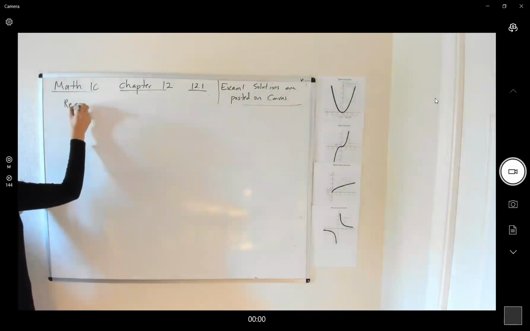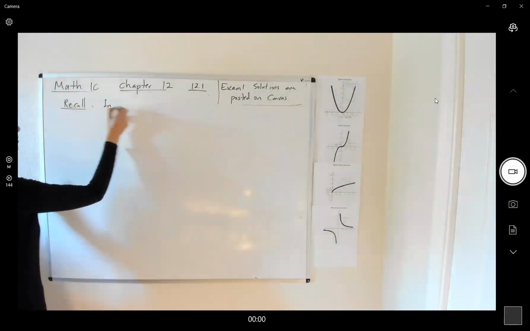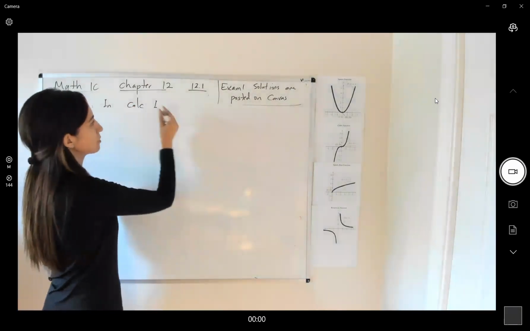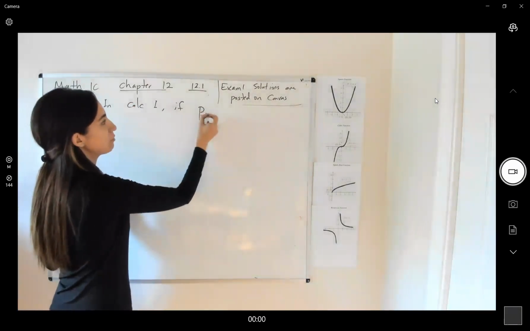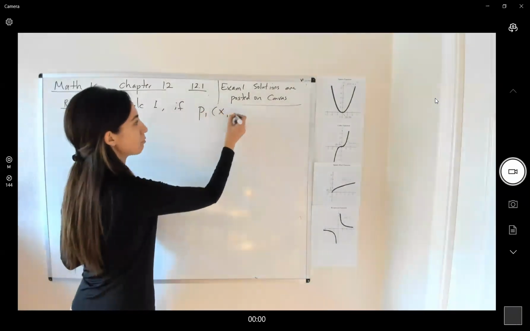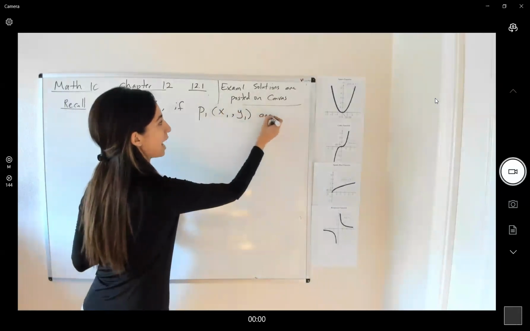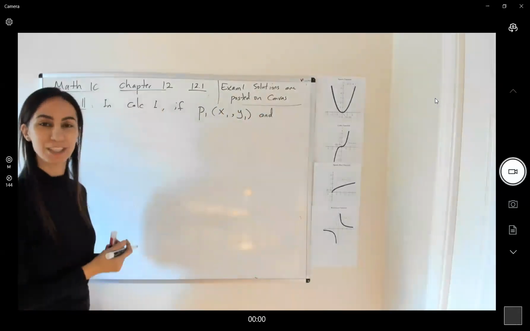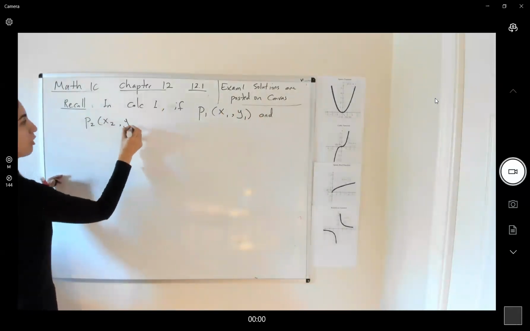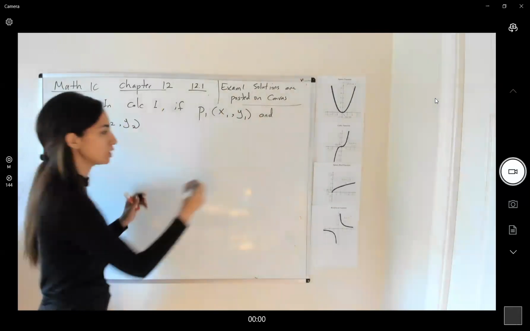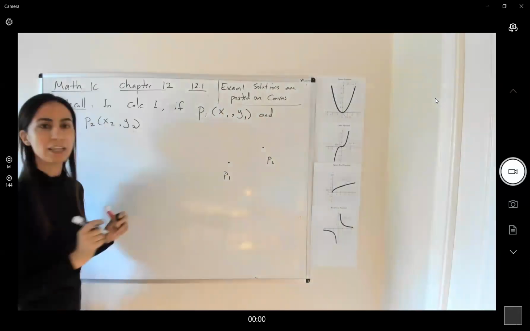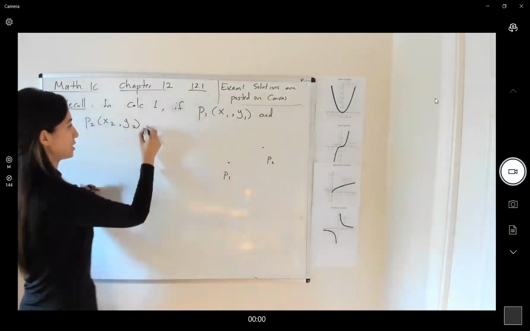Recall, in Calc 1, we learned that if P1 is a point in two-dimensional space, x sub 1, y sub 1, and P2 is another point in two-dimensional space, x sub 2, y sub 2, so you have 2 points, P1 and P2, we can find the distance between these 2 points.